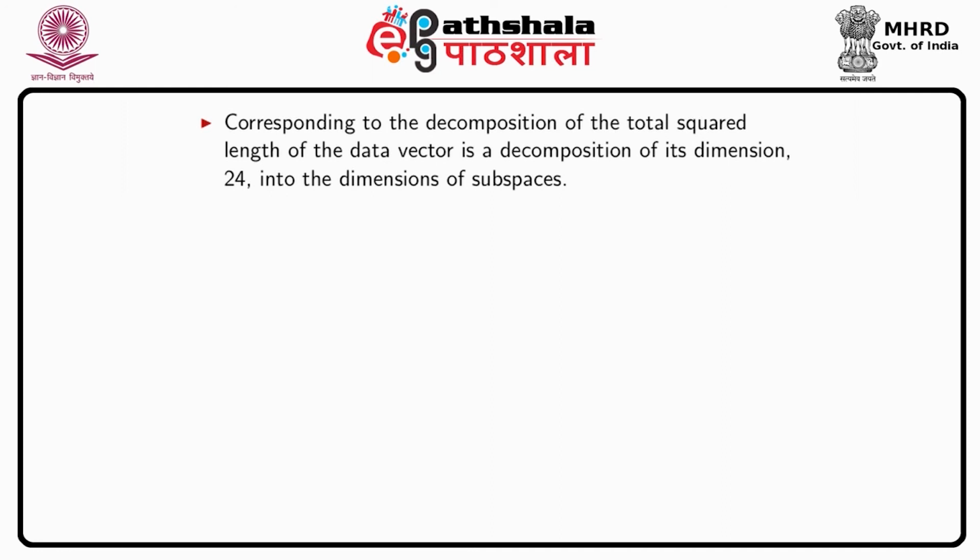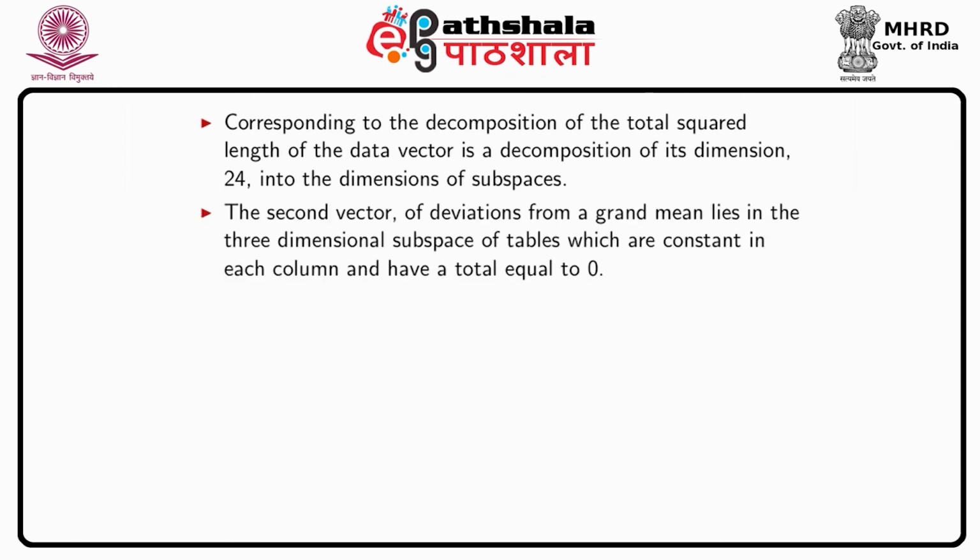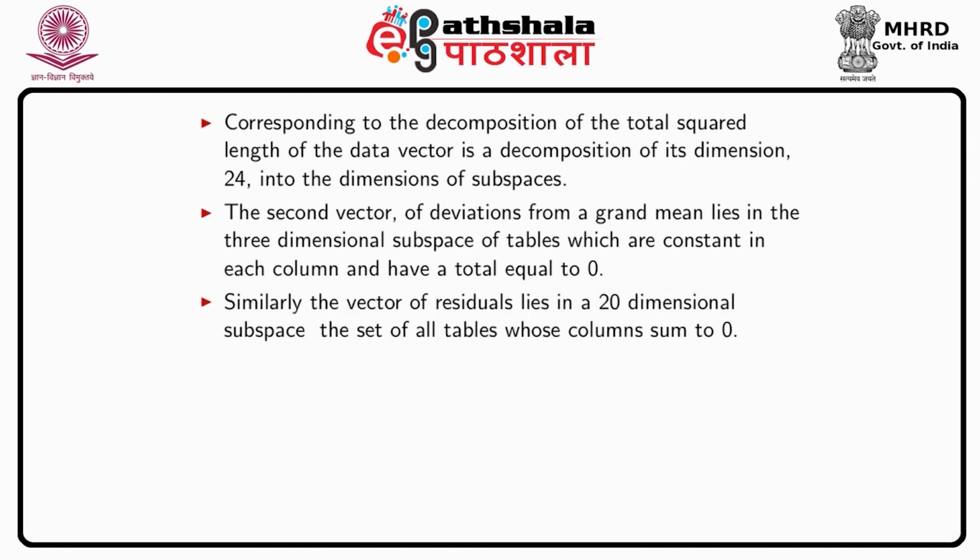This is just another way of saying that the reduced mu r hat is in the column space of the reduced model design matrix. The second vector of deviation from the grand mean lies in the three-dimensional subspace of tables which are constant in each column and have a total equal to 0. Similarly, the vector of residuals lies in a 20-dimensional subspace, the set of all tables whose columns sum to 0.